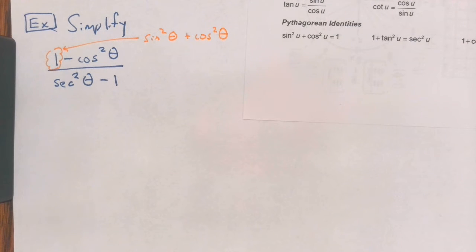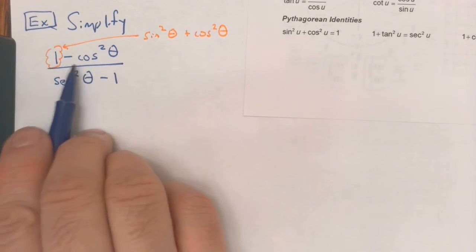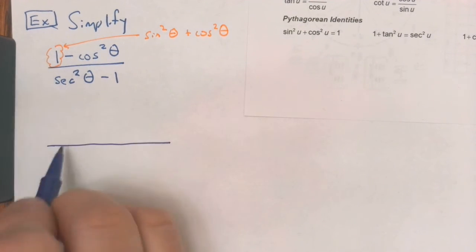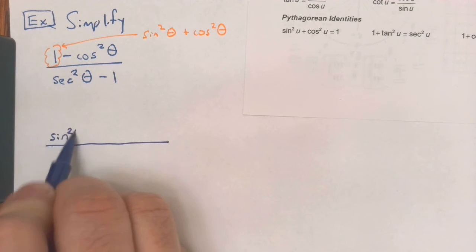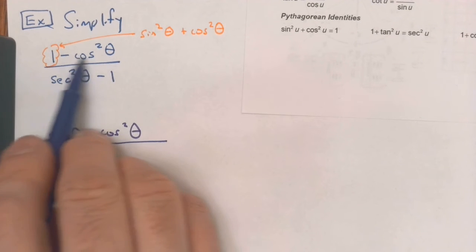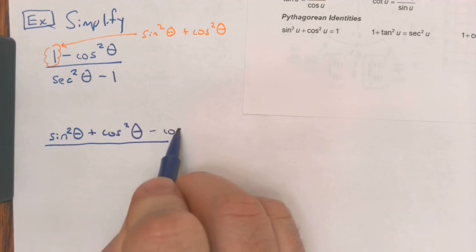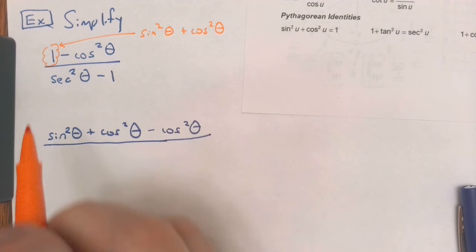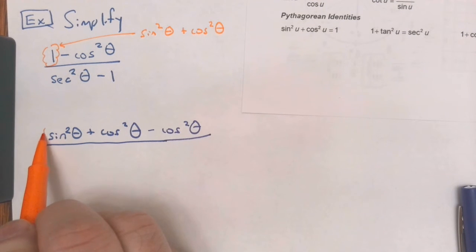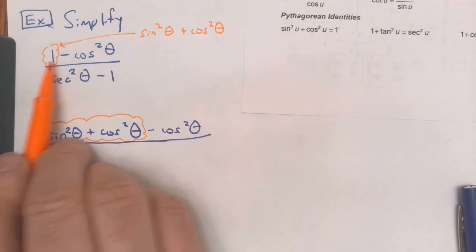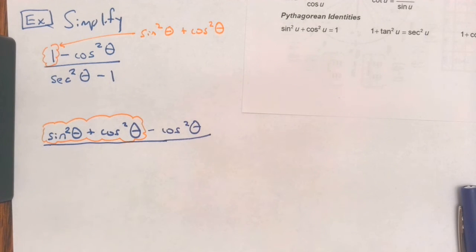So in the top part of our fraction, instead of 1 minus the cosine squared, I would have sine squared of our angle plus the cosine squared of our angle, and then we have a minus cosine squared of our angle after that. So this piece right here, that's what that 1 used to equal.